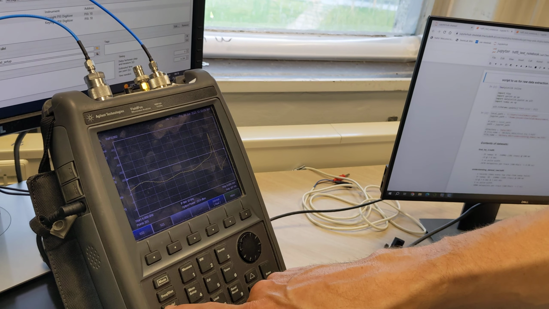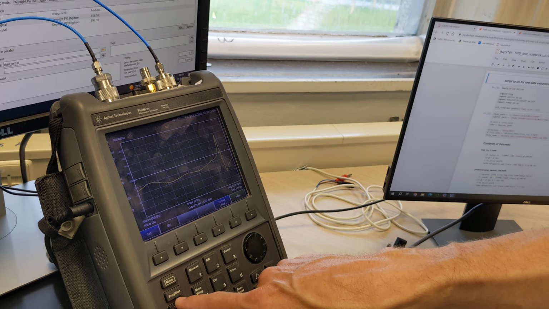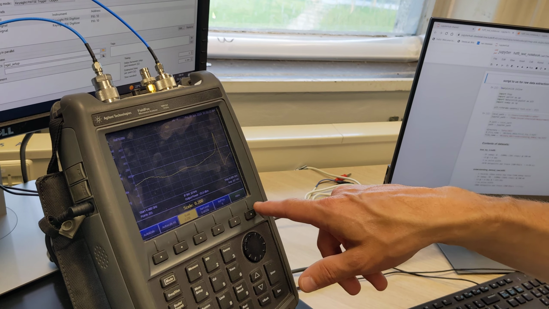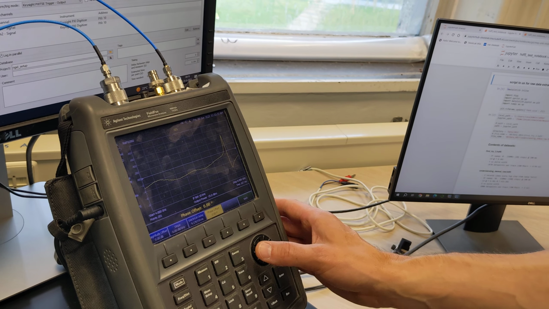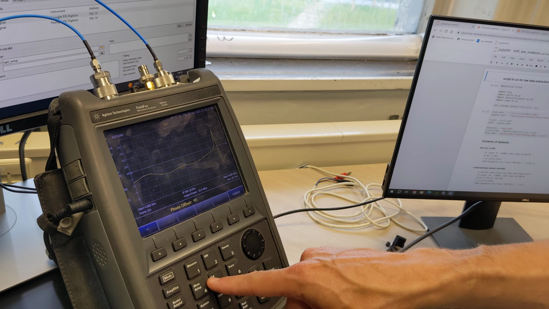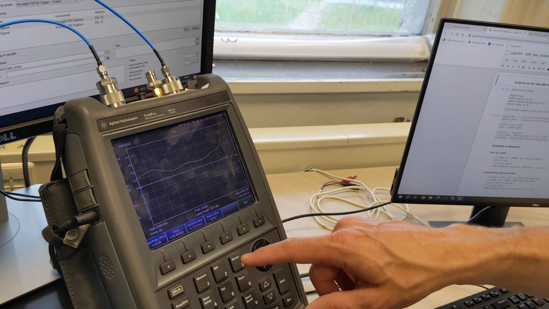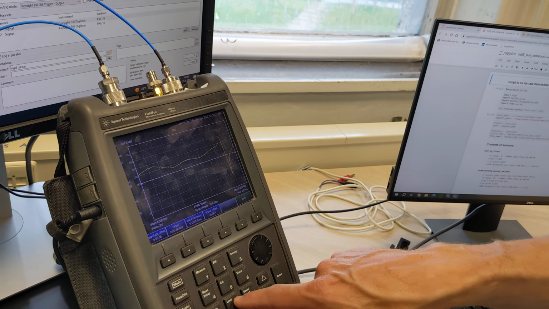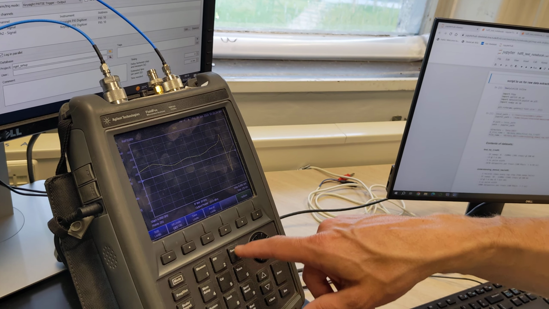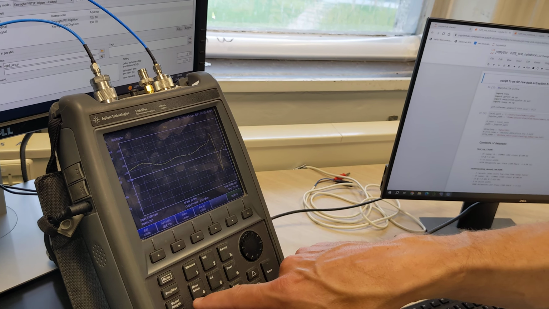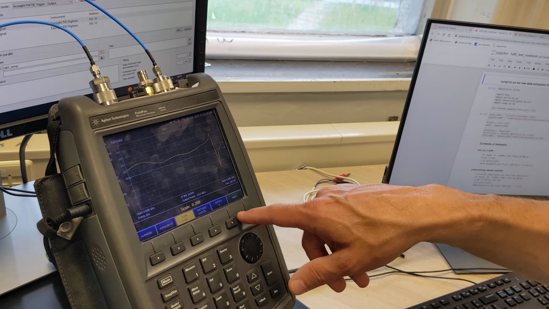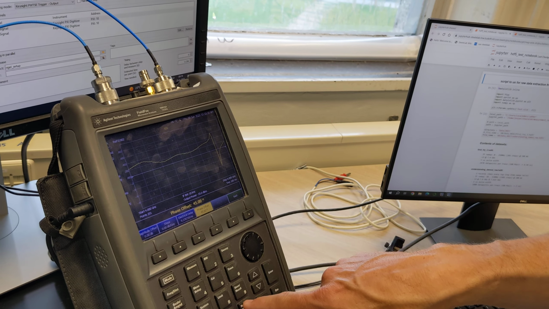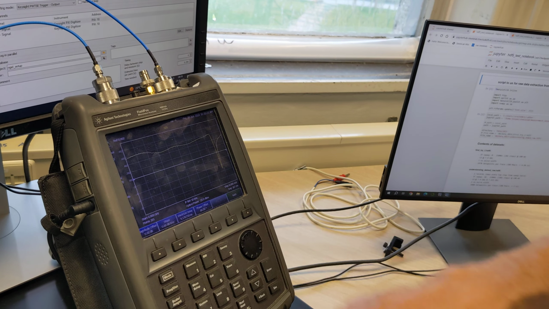And then I'm going to go to scale, more offset phase, I don't know, like 45 degrees. No, maybe 90, maybe 80 degrees. Scale, more offset phase, 80 degrees, maybe.